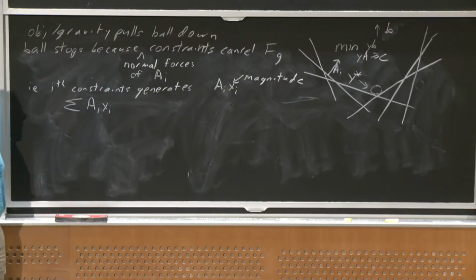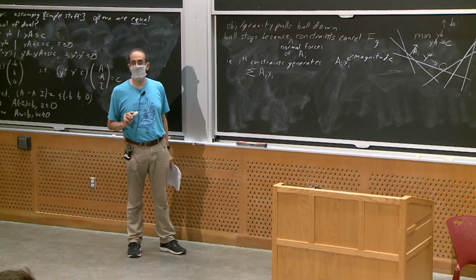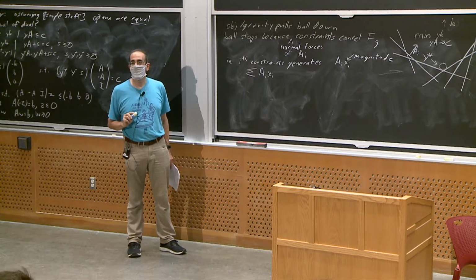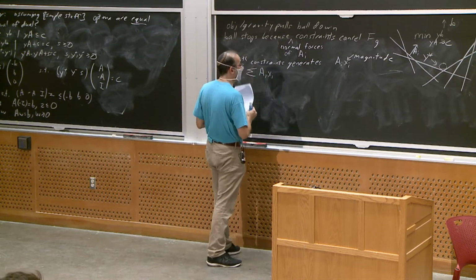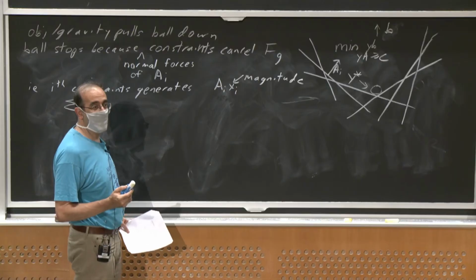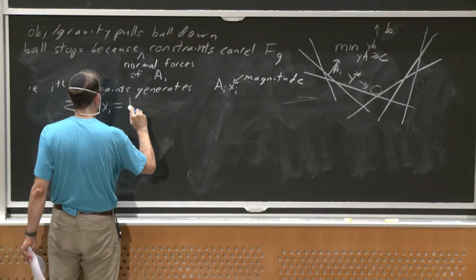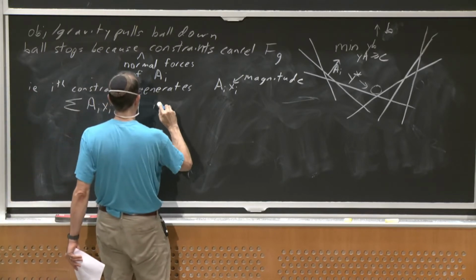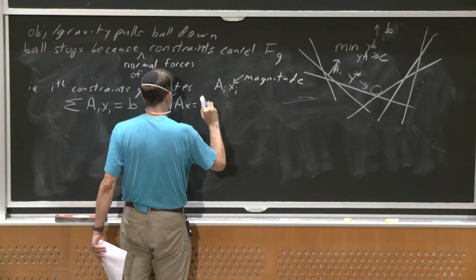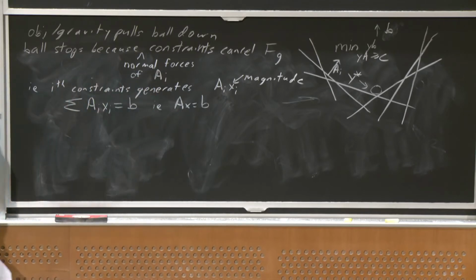And what value represents the force of gravity in this picture? I guess minus b. Correct. Except we're canceling, right? So in fact, the sum of these forces has to be equal to b because gravity is minus b, right? In other words, Ax equals b. Ooh, okay. We're getting somewhere, right?